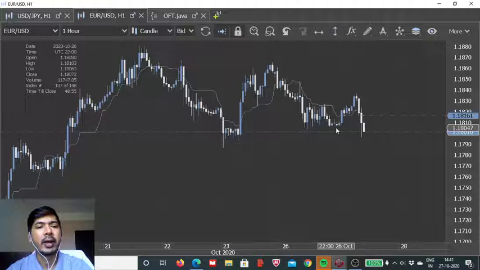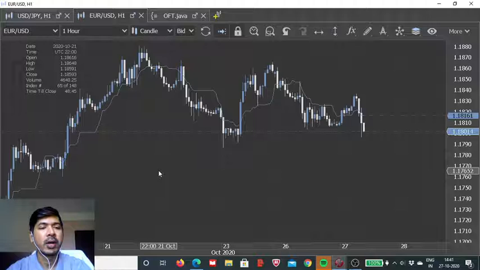And as you are already aware, trend is your friend, and this indicator helps in determining the trend, and we can also spot early reversals.